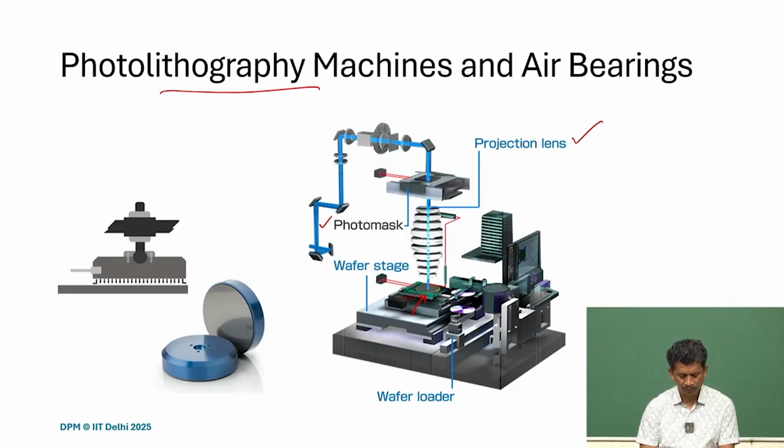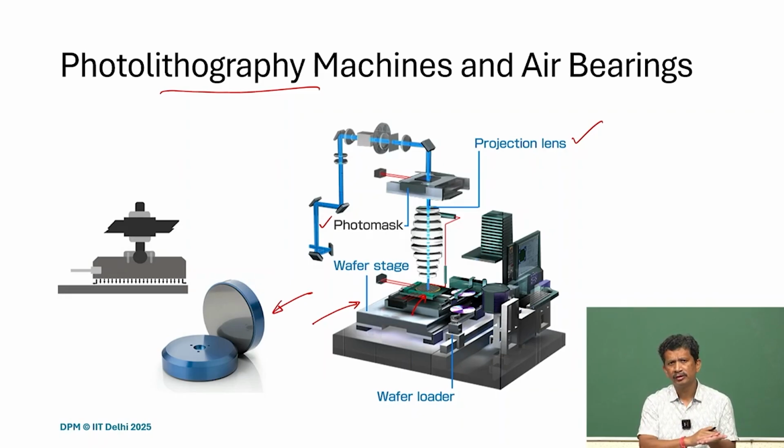This has to be moved at a very high speed but very precisely, and what we realize is that this wafer stage has air bearings, so that there is no hysteresis involved and it can move very fast.